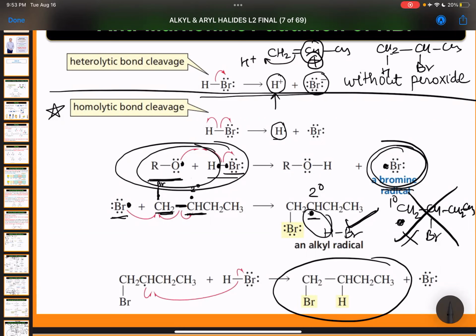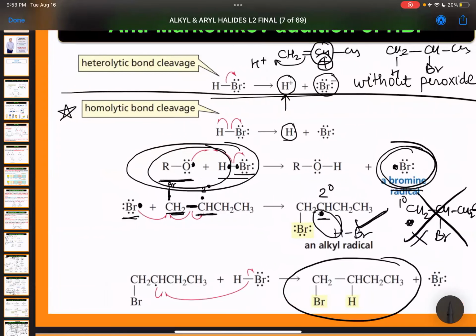But what happens is, if the I radical forms, the I radical is very big, and that single electron is actually spread over a very large atomic orbital, that is 5p. And if it is spread over a very large atomic orbital, it cannot form a bond effectively. So just the generation of the I radical is not enough.